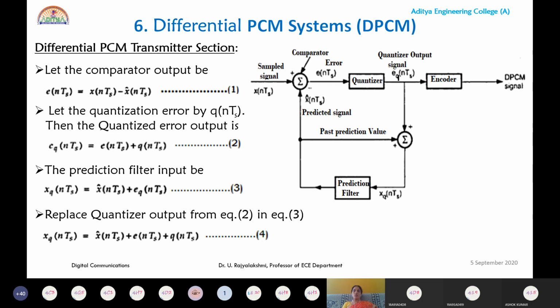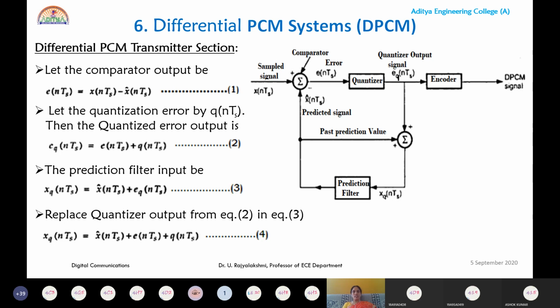Now what is the difference between 4Ts and 5Ts? It is 0, because that is 101, and the present sample data at 5Ts is also 101. So the difference is 0. So no bit will be fed to the quantizer whenever the present sample data is equal to the past sample data. Here the past sample value is defined as the predicted signal, because you are making use of a prediction filter to predict the data.